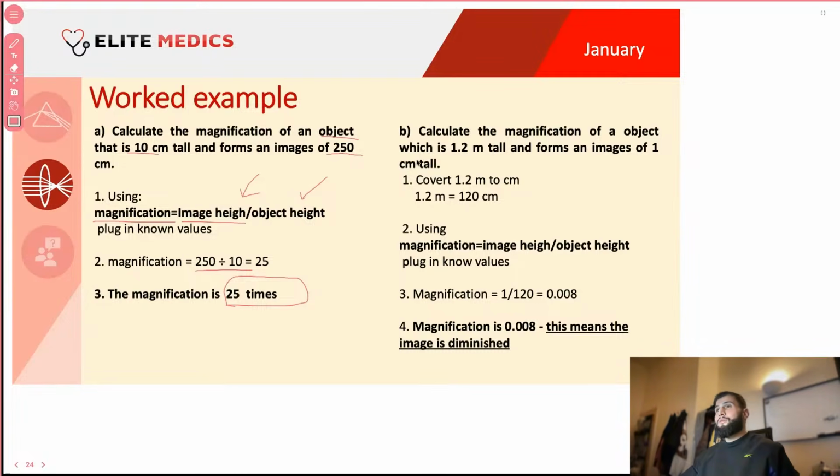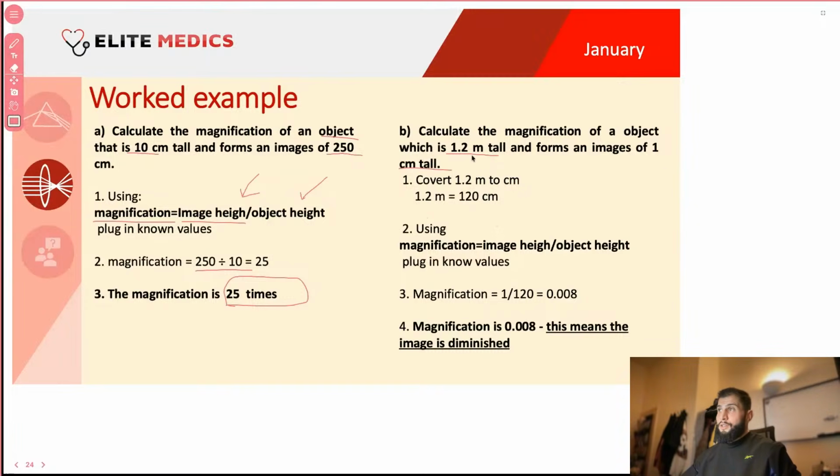Now we're going to try this one. Calculate the magnification of an object which is 1.2 meters tall and forms an image of 1 centimeter. So the opposite now. But the first thing we've got to do is there's two different units. So we've got meters and we've got centimeters.